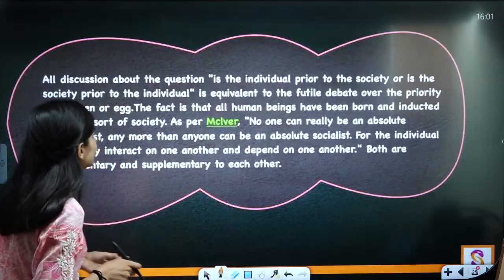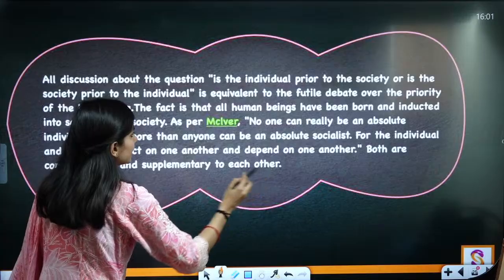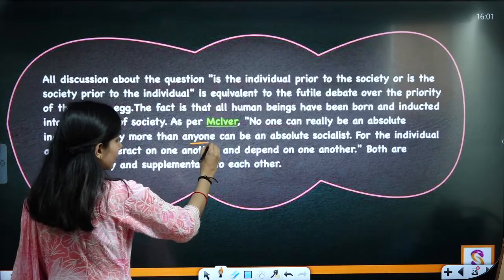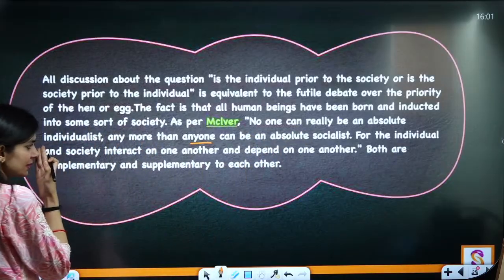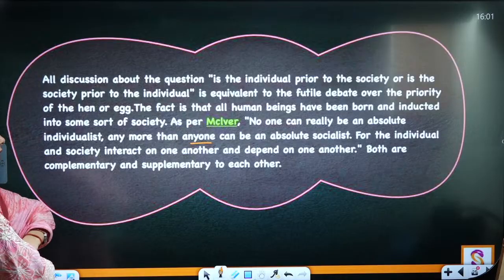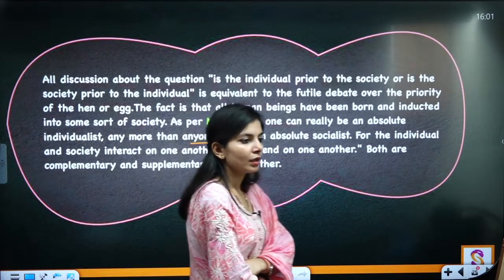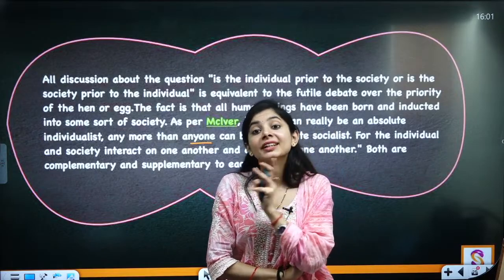Fine. Another thing is, as per MacIver, they specify no one can really be an absolute individualist any more than anyone can be an absolute socialist. Means they are specifying that we cannot be completely individual. We can be individual to a certain extent, but not completely.